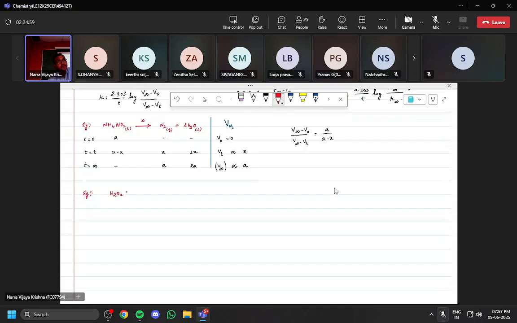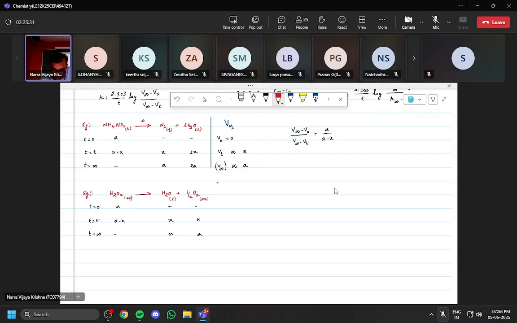I am taking one more example. Hydrogen peroxide decomposes to form H2O plus half O2. Now, at time t equal to 0 again, let it be A, not there, not there. When time t equal to t, let it be A minus X, X, X. At time t equal to infinite, this is not there, this is A, this is A. Right?